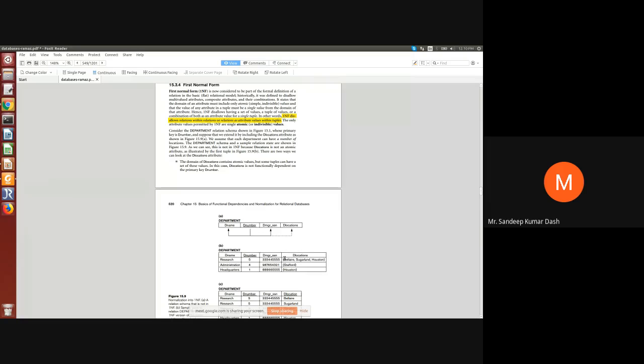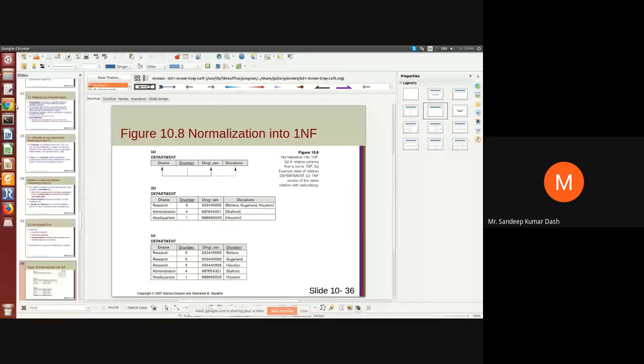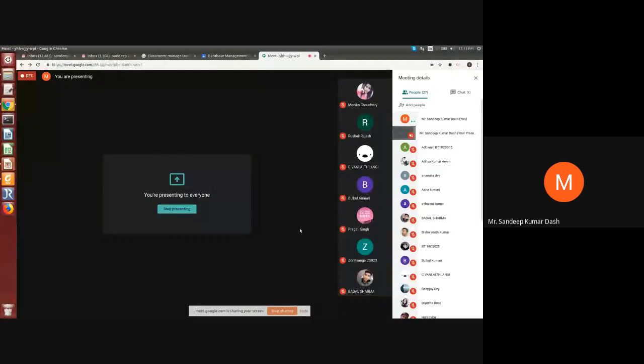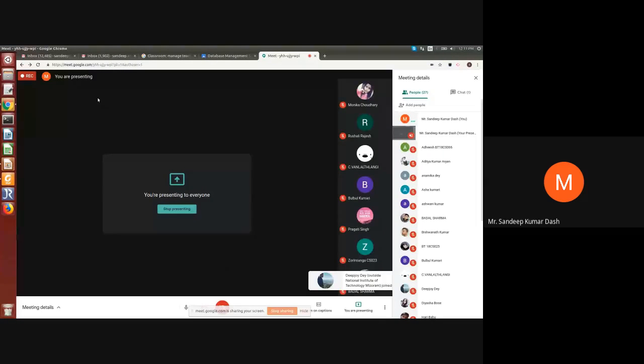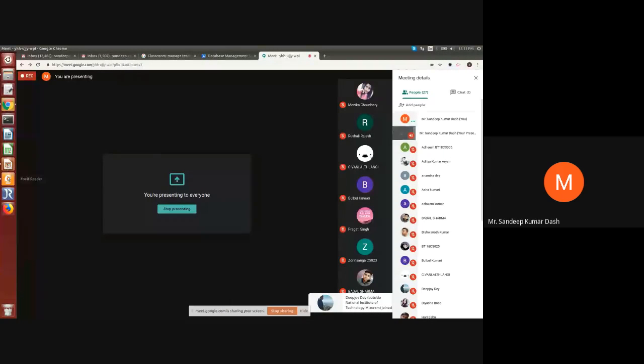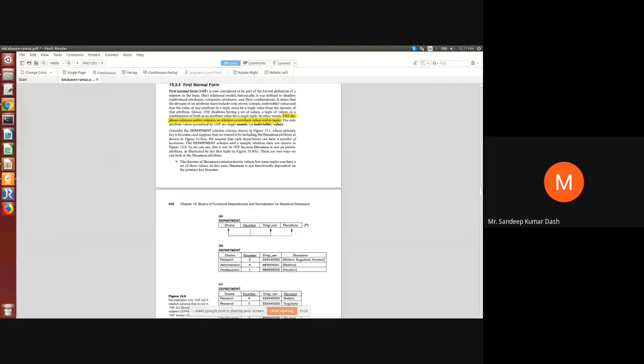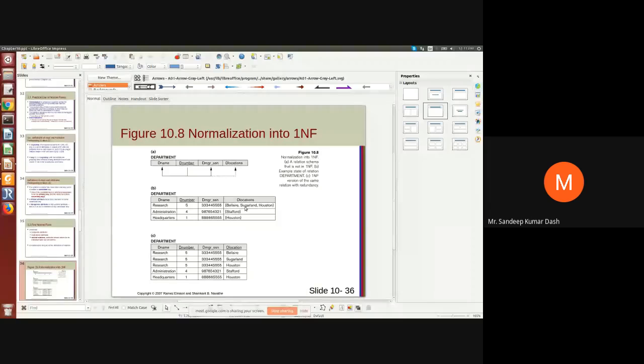See one example here. How many values are there in this? Am I joining again this time? Here, how many values are there in row 1 under D location? Sir, screen is not visible.